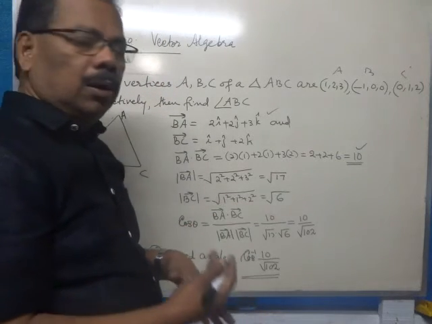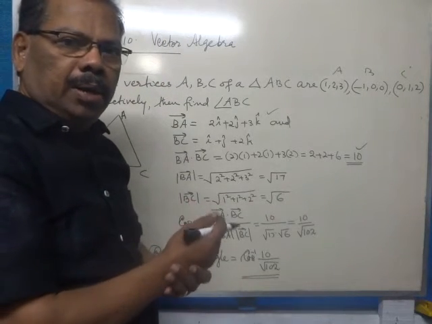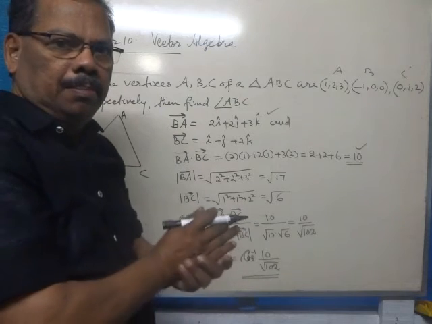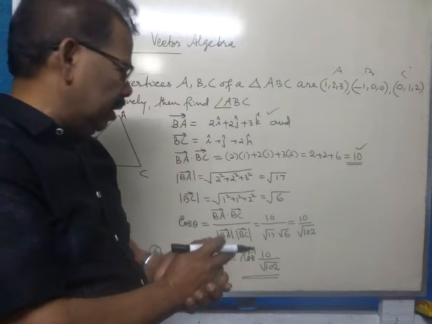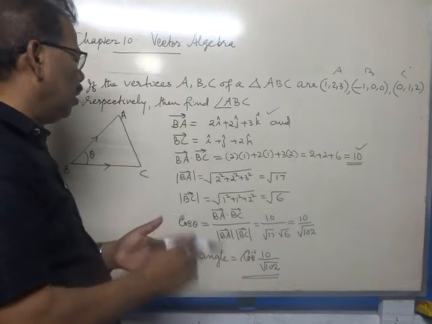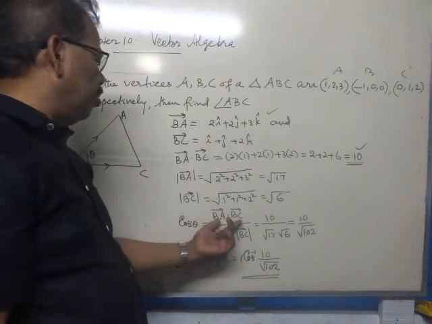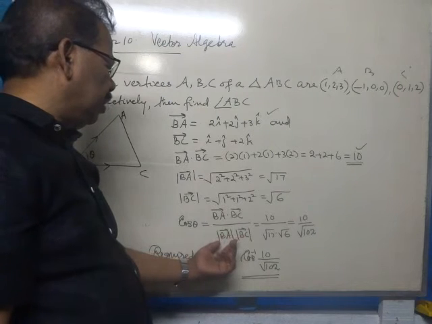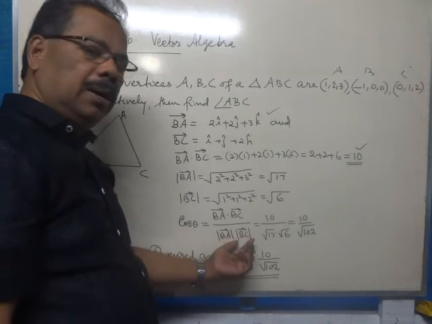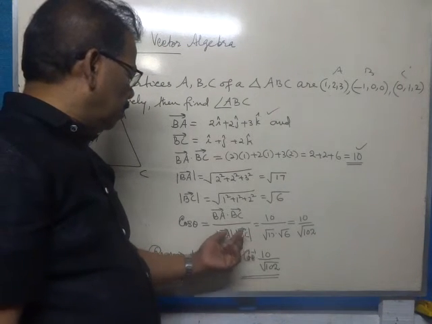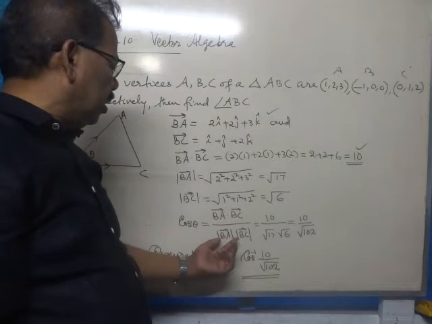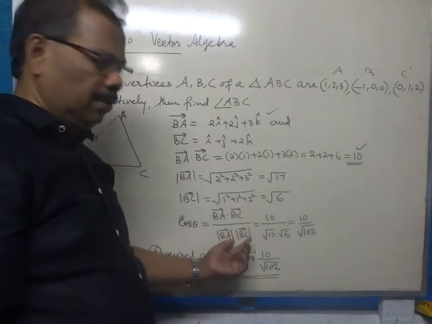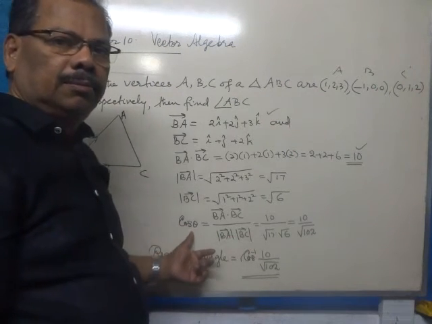Then cos theta will be A dot B by modulus A into modulus B. Similarly, in this case, BA dot BC divided by modulus BA into modulus BC will be cos theta.